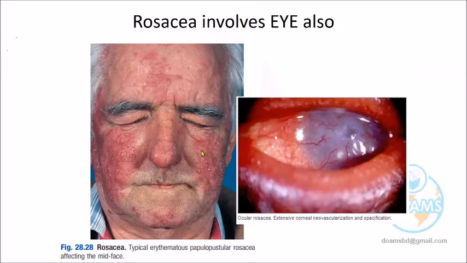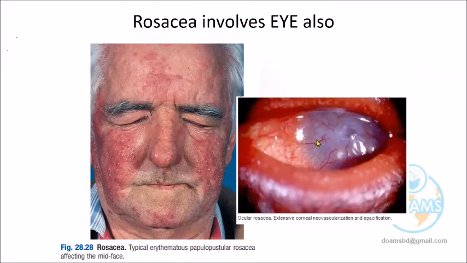Though there are some other features also. Anyway, you may not understand it. So more likely this is rosacea. Rosacea. But again, involvement of the eye. Is it acne? Acne vulgaris? No. In acne vulgaris or in acne, there is no involvement of the mucous membrane anywhere.